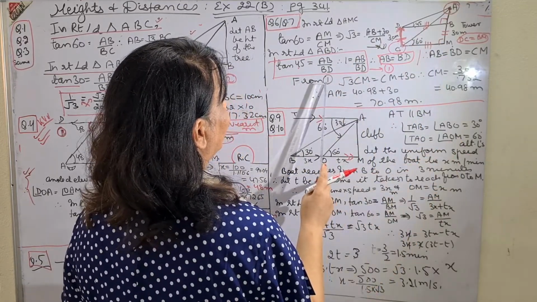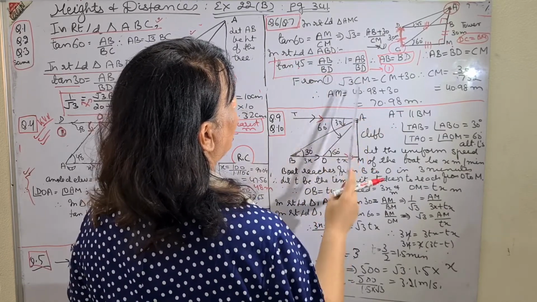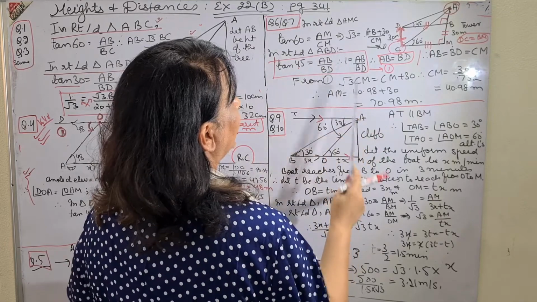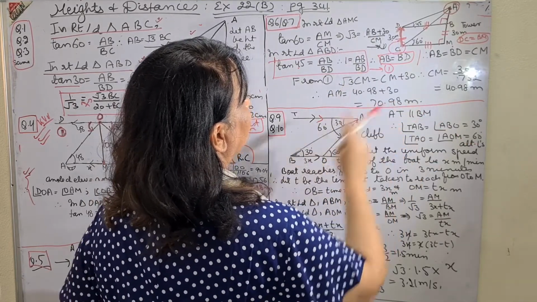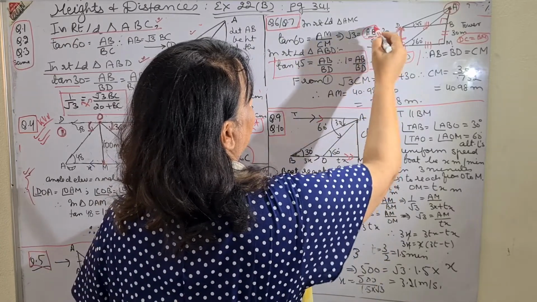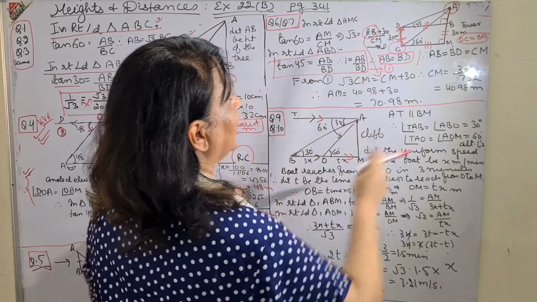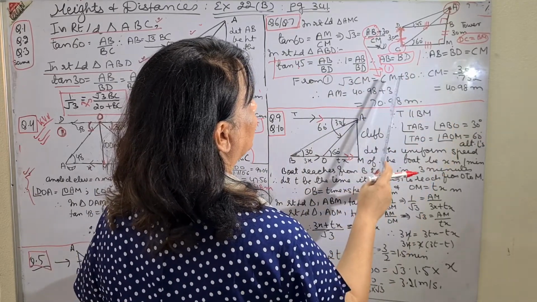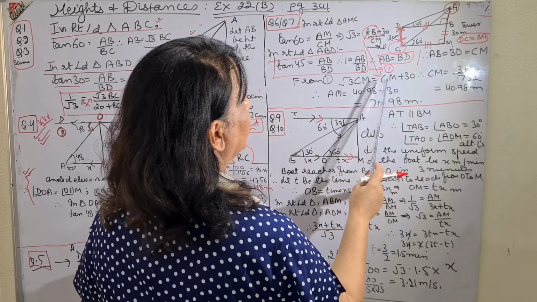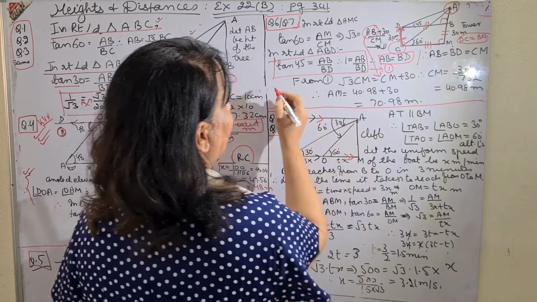Now, from 1 I can take root 3, cross multiply, root 3 into CM is equal to, in place of AB I am writing CM. See here, in 1 I have written AB, but here in place of AB I am writing CM, because AB is equal to CM, I have proved above. So root 3 CM is equal to CM plus 30, or you take CM to the other side, and see what you get.